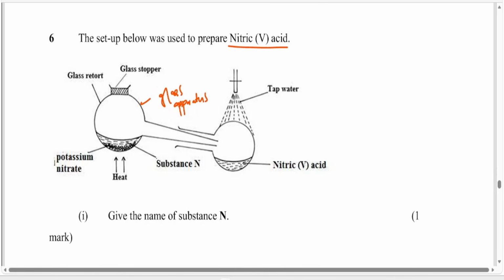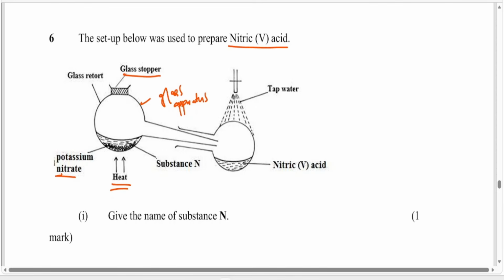During preparation, we have a round bottomed flask. We have potassium nitrate and we have a source of heat. A glass retort. We have a glass stopper. No plastic in this setup.